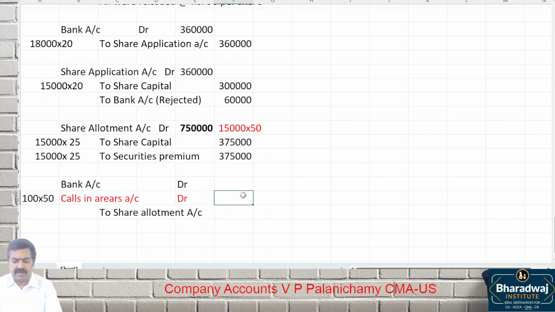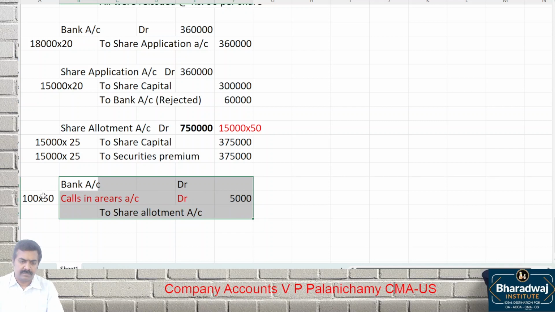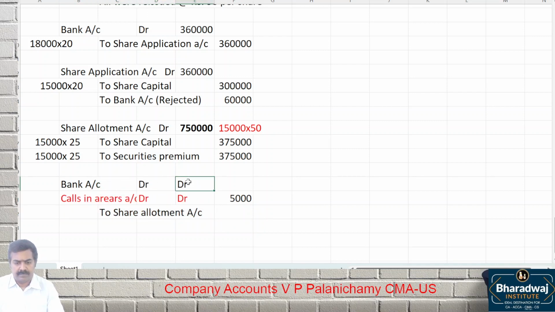How much we are not collecting? 5,000 we are not collecting. Allotment money is 50, so we are not collecting 100 into 50, 5,000 rupees.